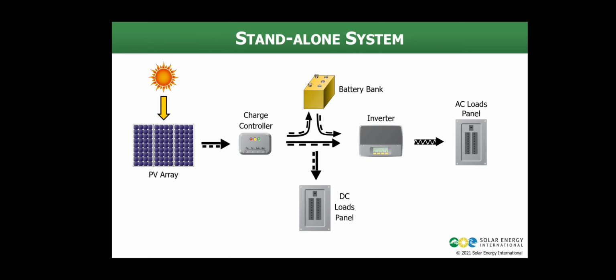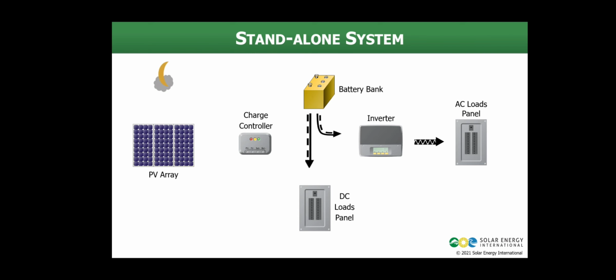If the batteries are fully charged and the sun is shining, any power from the PV array will be used by the loads. If the loads need more power than the PV is providing, the batteries can provide the difference. At night, the battery will supply power to the loads.